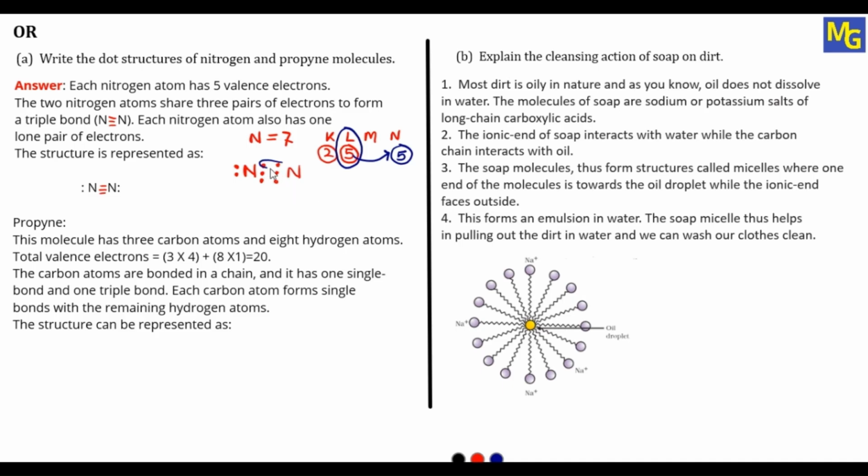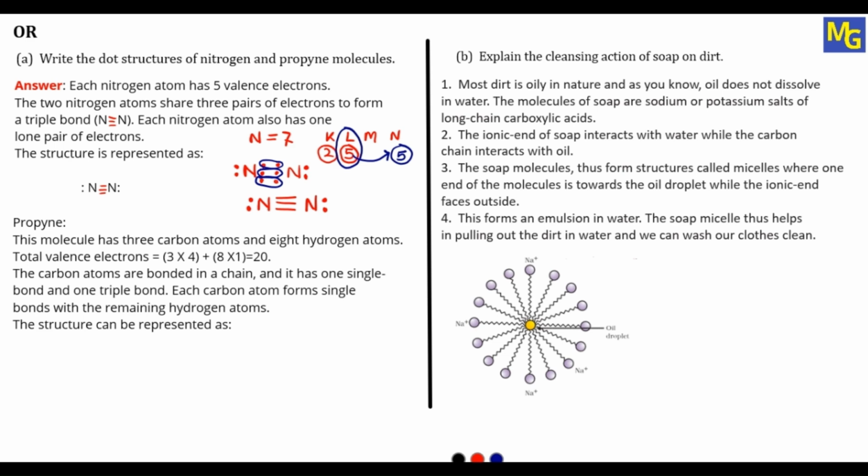Like this it will share, like this it will share, and this will also be shared. So a total of 3 bonds will be formed between the 2 nitrogens: 1 bond, 2 bond, 3 bond, and this is the other nitrogen. As you can see, there will be one lone pair here, and as usual here also there will be one lone pair. So this is the lone pair, and this is the dot structure for the nitrogen molecule.